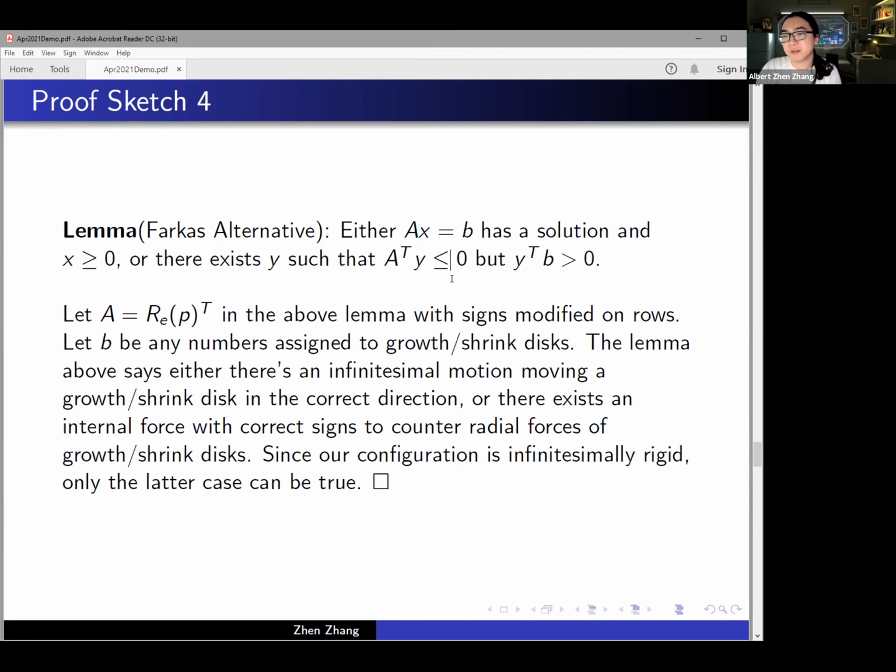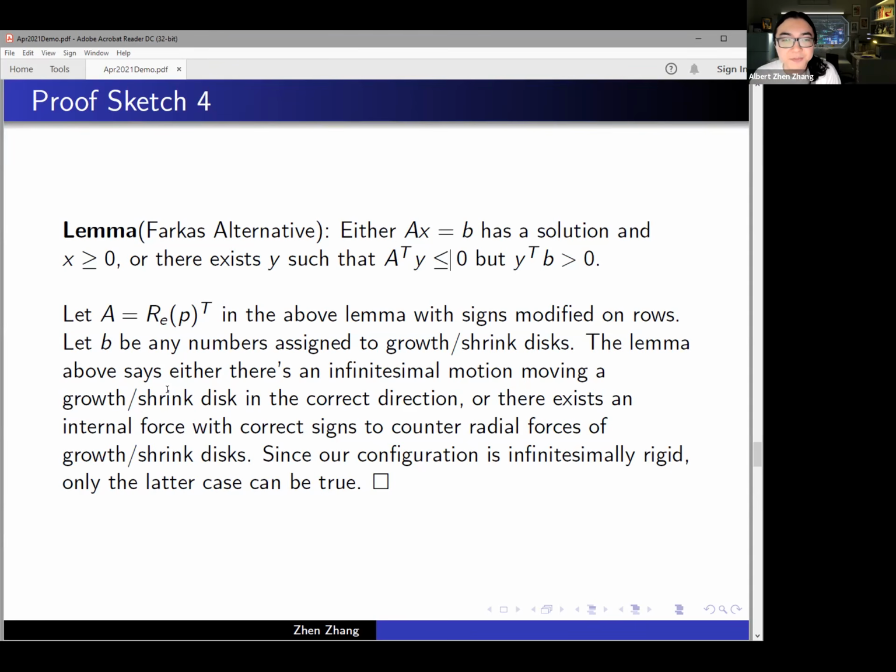So shrinking disks are fine by themselves. Growing disks, you flip that row. And for fixed disks, you are free to choose either sign because fixed disks can hold any kind of stress. So feel free to pick whatever sign would eventually work for you.